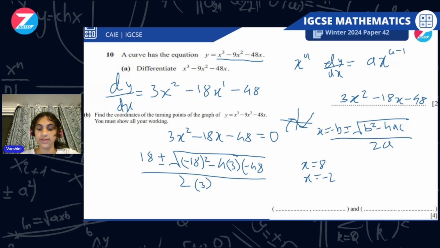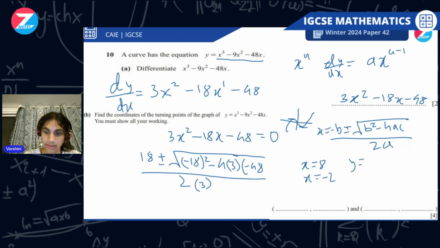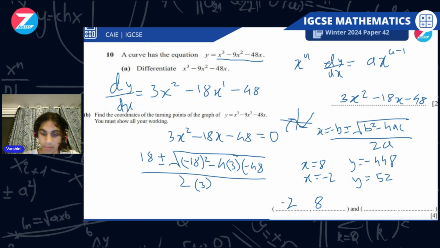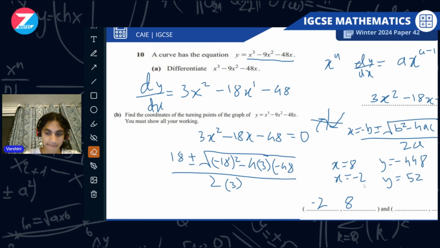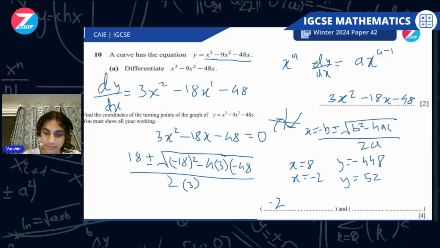You should get 52 and minus 448. So now we just write them in coordinate form. Sorry, my bad. This is minus 2, 52, and this is 8, minus 448.